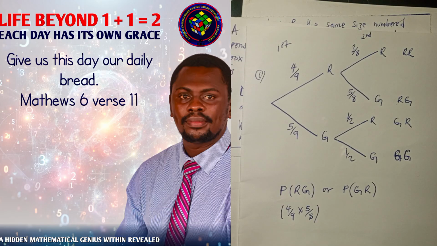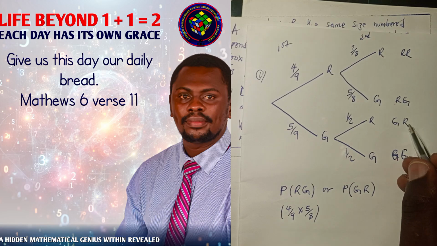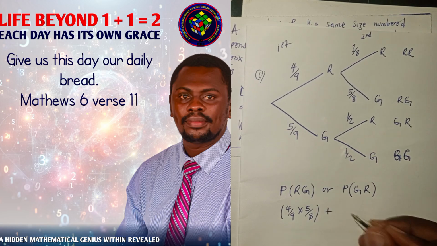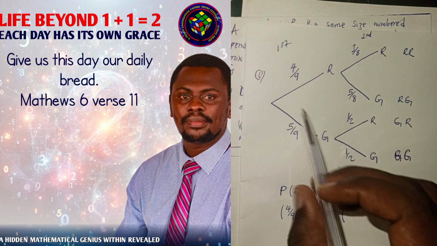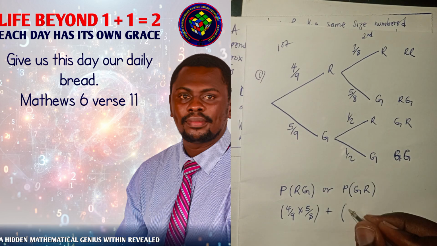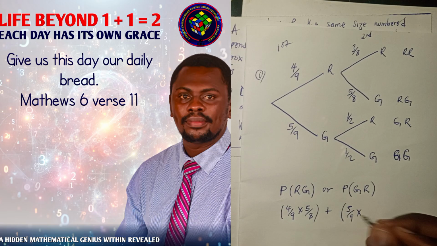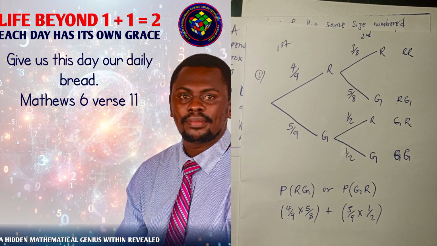That is for red, green. Then you can also have green and red, so plus, for green and red, we have 5 over 9 times 1 over 2.